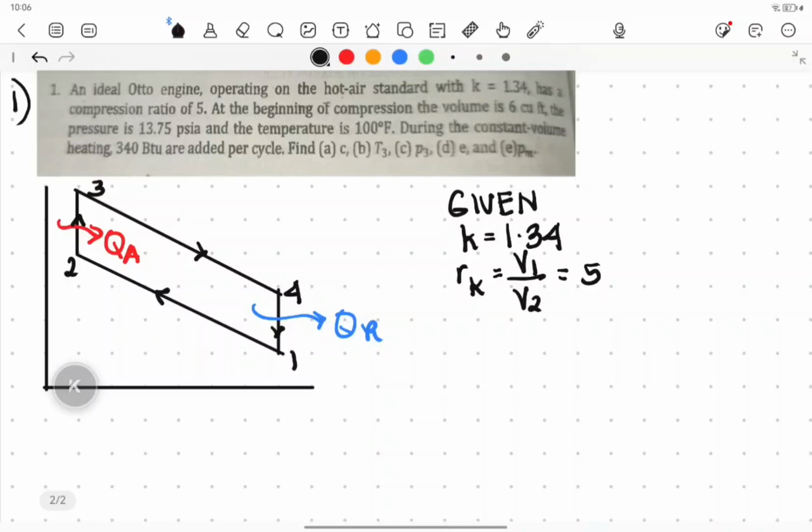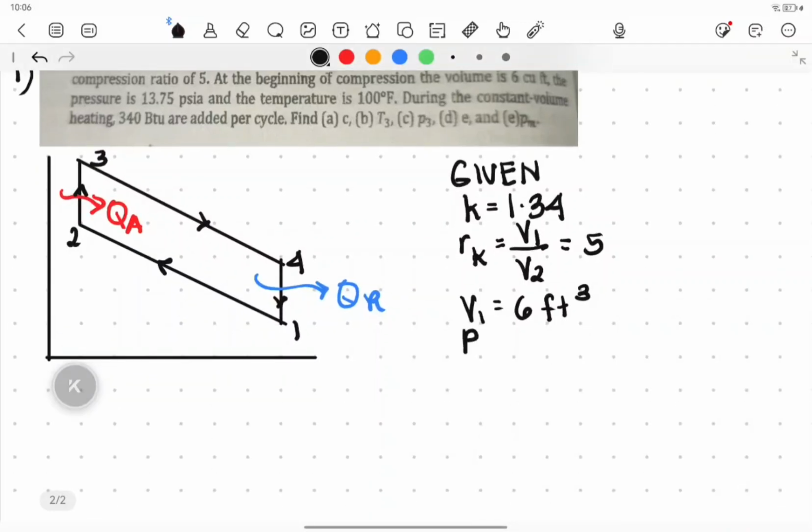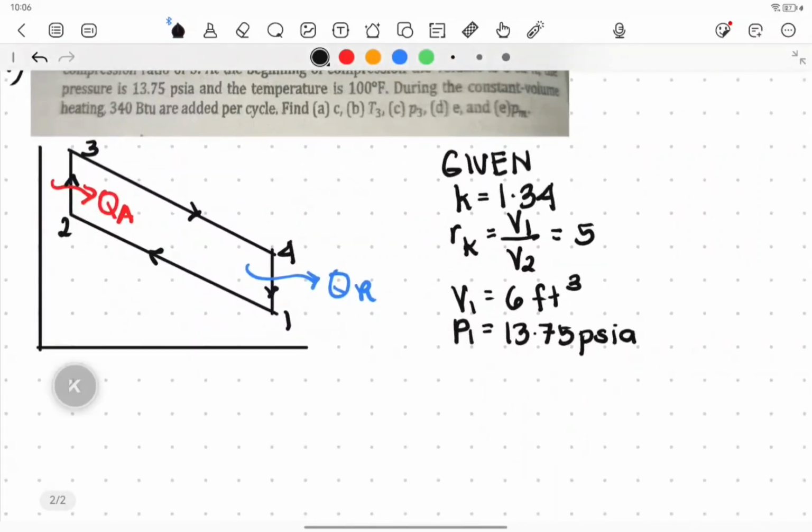At the beginning of compression, we know the compression is from points 1 to 2. At the beginning, so that's point 1, the volume is 6 cubic feet. And the pressure, P1, is 13.75 psia. Then the temperature is 100 degrees Fahrenheit.